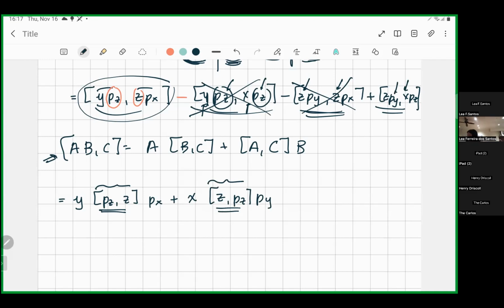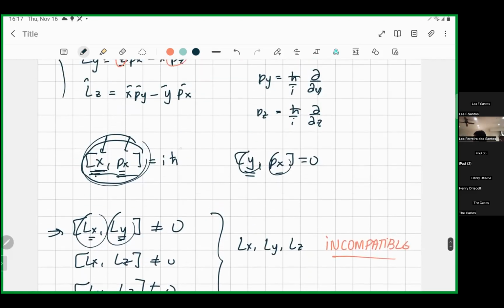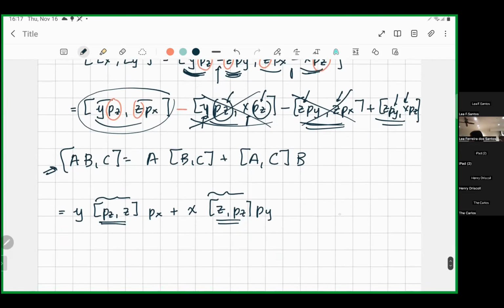And what is the commutator between z and pz? We wrote it here. The commutator between z and pz is iħ. So I'm going to write this as y times the commutator, which is just the inverted position of p and z.